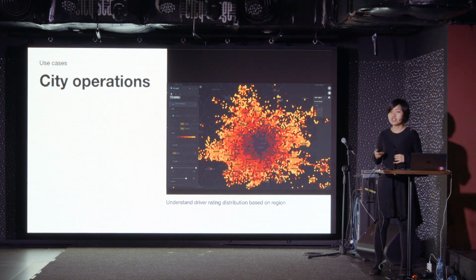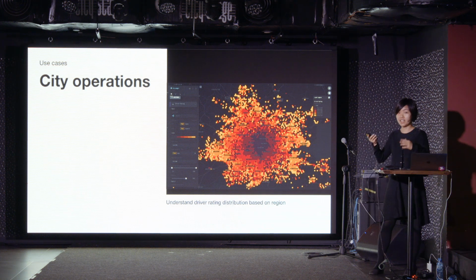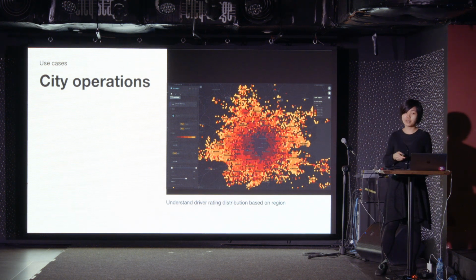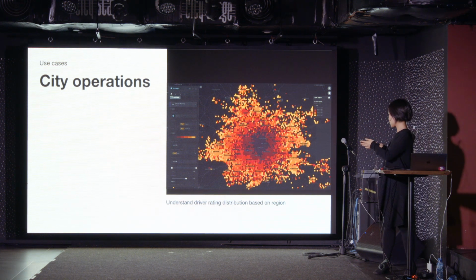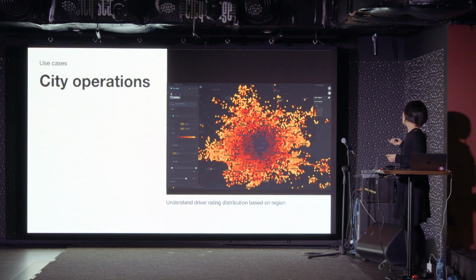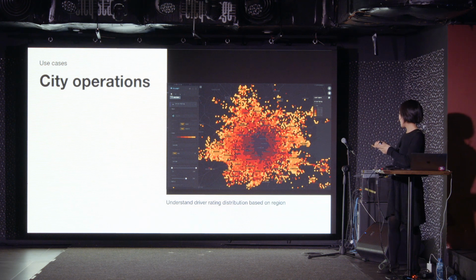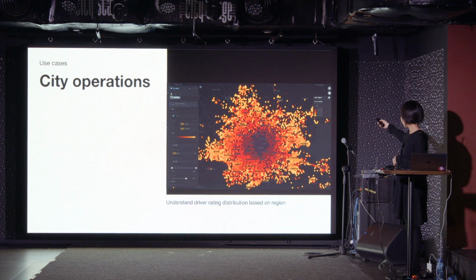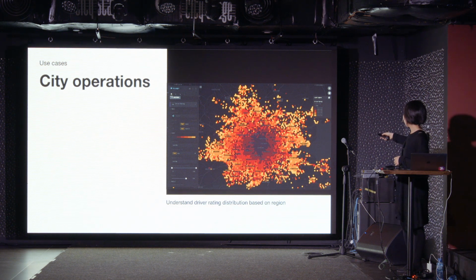If you see this data set in the raw format and try to correlate the region and the driver scores, it's hard to parse what the causal relationship might be. But if you map this onto a map, then the pattern becomes apparent. So this is a London region. At the city center, the driver rating is much lower than the periphery of the city.